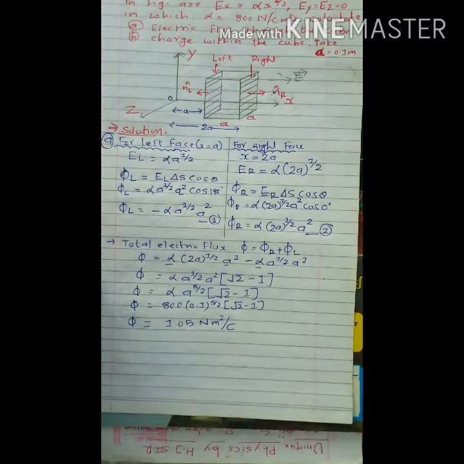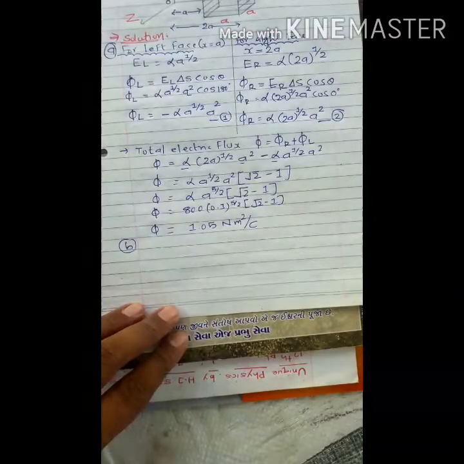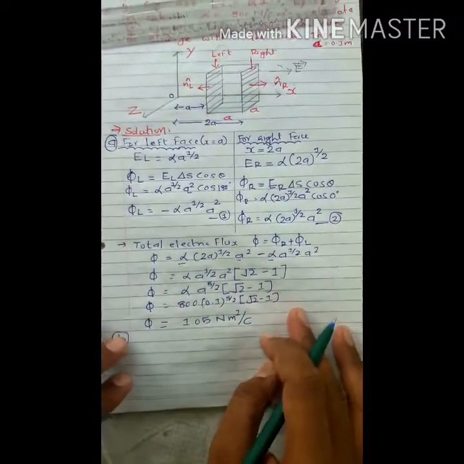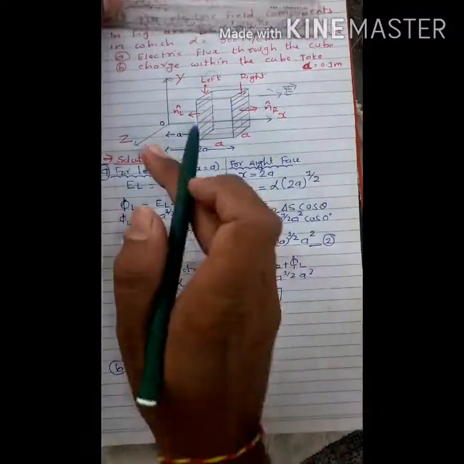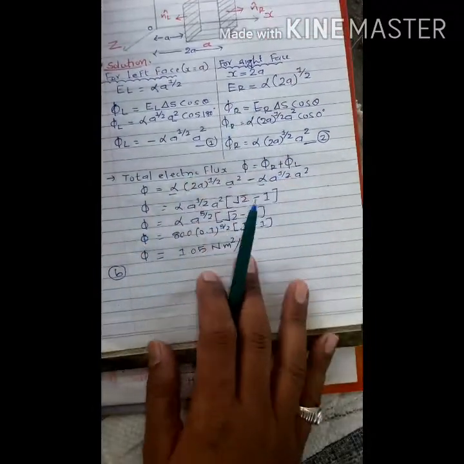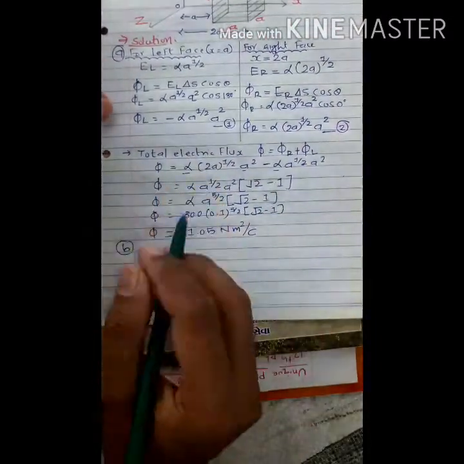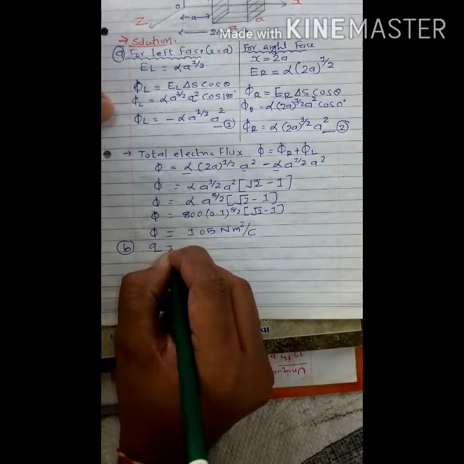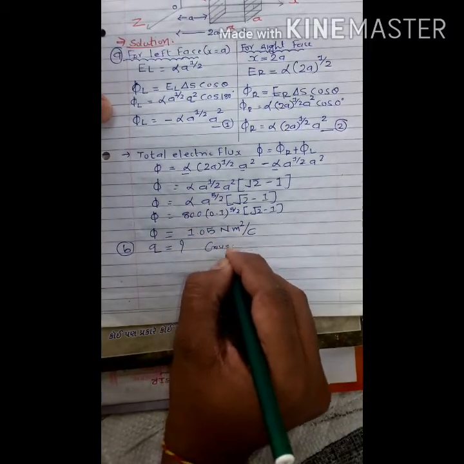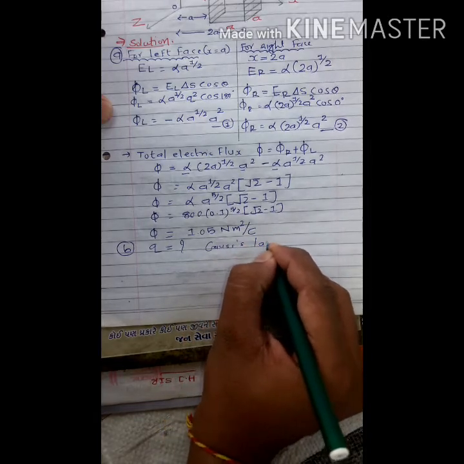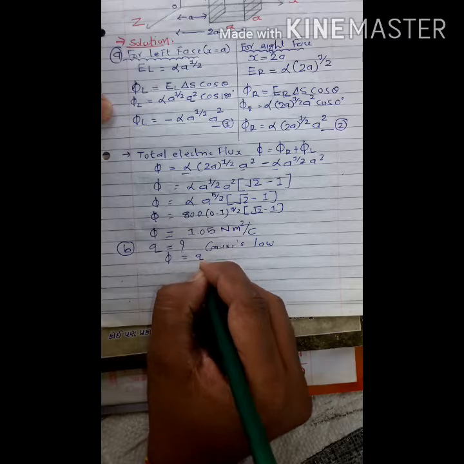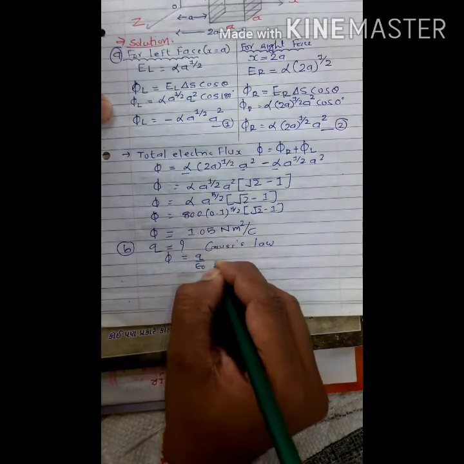Now the second point: our second question is to find the charge within the cube. So here we want the value of the electric charge, in short, the value of Q. Here we use Gauss law. According to Gauss law, electric flux phi is equal to Q upon epsilon 0.